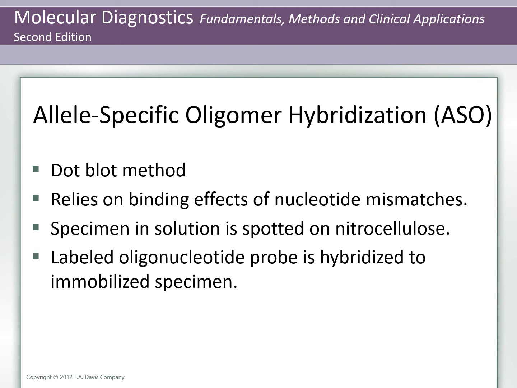Allele-specific oligomer hybridization is a dot plot method of hybridization similar to the Southern blot method that uses an immobilized target and a labeled probe in solution. The ASO procedure begins with amplification of the gene region of interest by PCR, similar to single-strand conformation polymorphism.